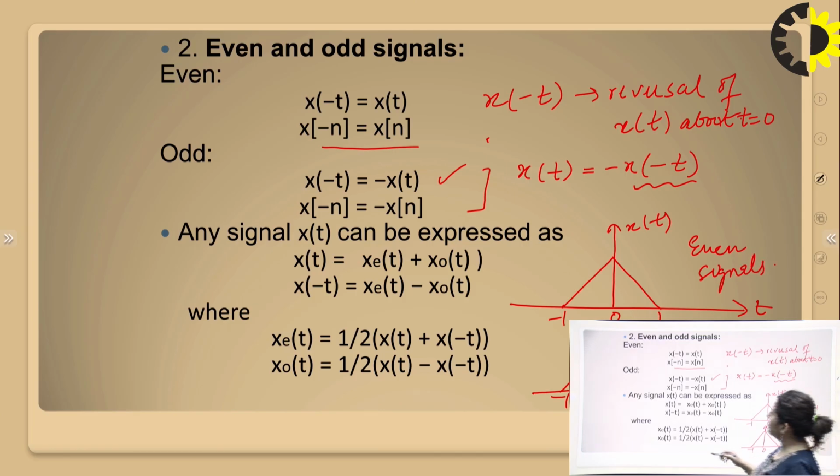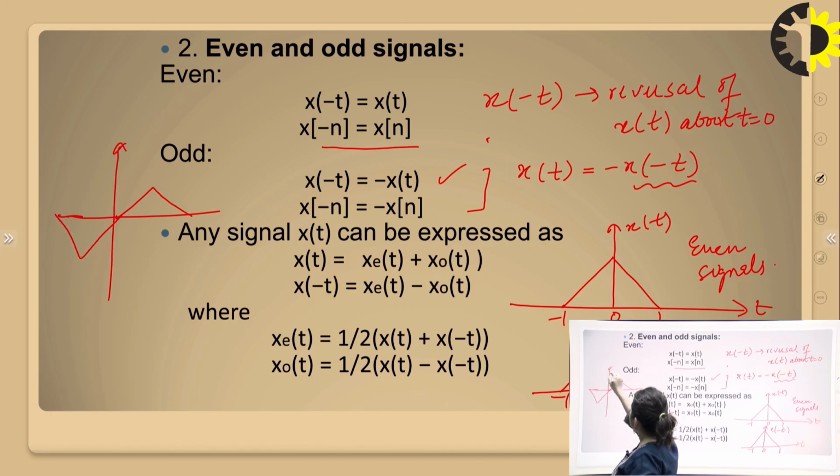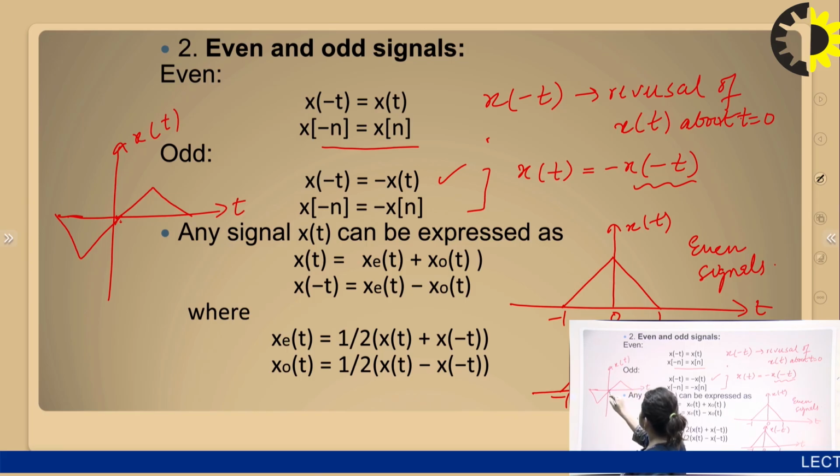Similarly, for odd signals, we can have this type of representation. So, this is a signal x of t, and it is crossing the 0th position, and it is minus 2, 2, 1, and similarly minus 1.